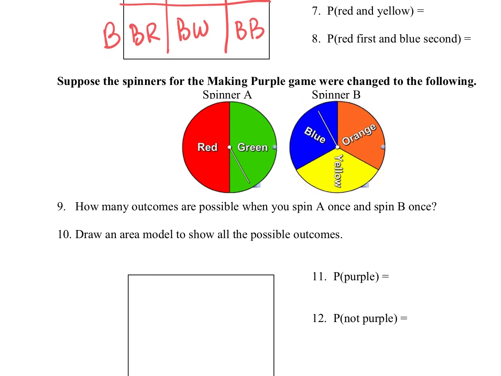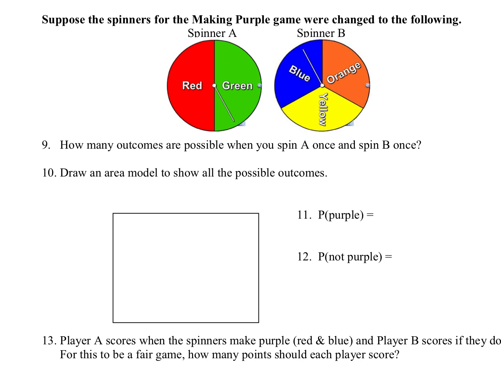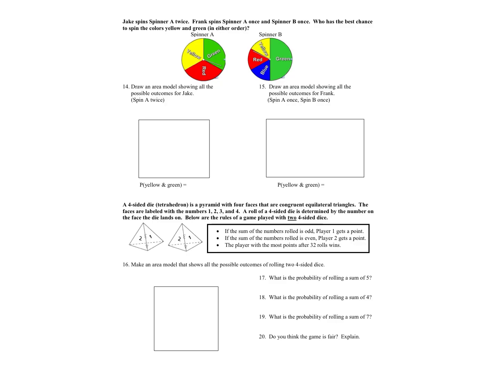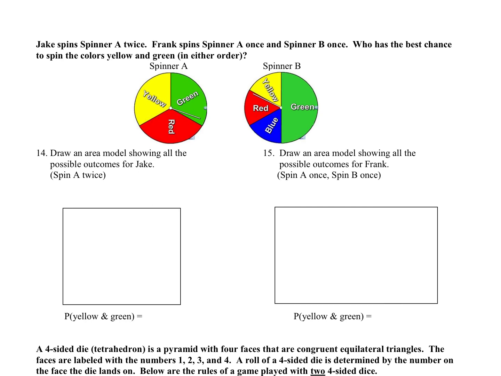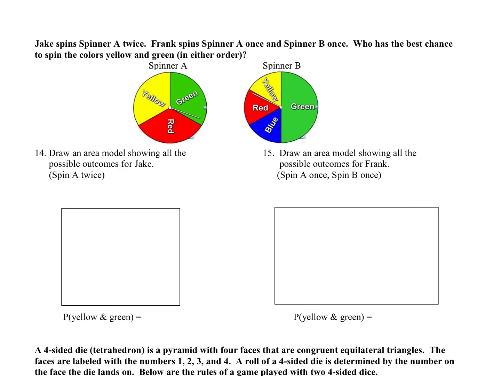On the next one, I would put the red and green on the side because you're only doing half, and then put the blue, orange, yellow across the top. And then on this page, the last page, we have 2 spinners. Notice on spinner B, that green section is a whole lot bigger than the other sections. So when you go to make your area model, consider this as having 6 sections.